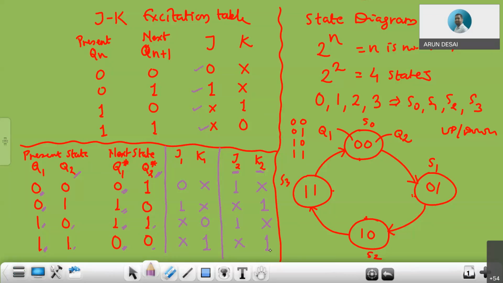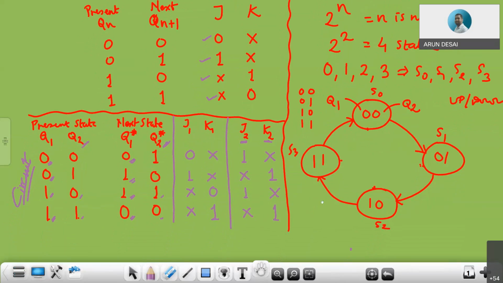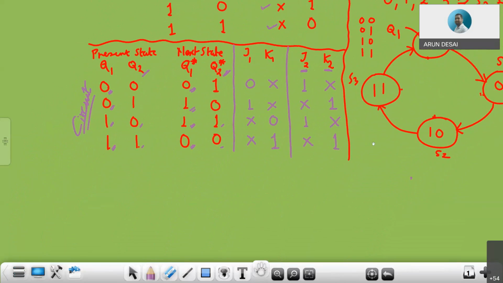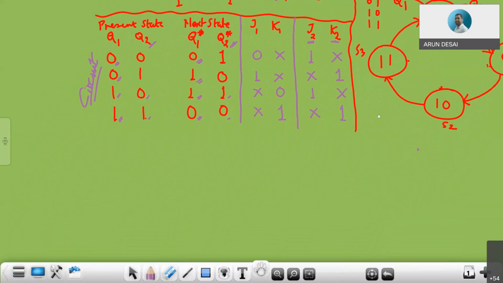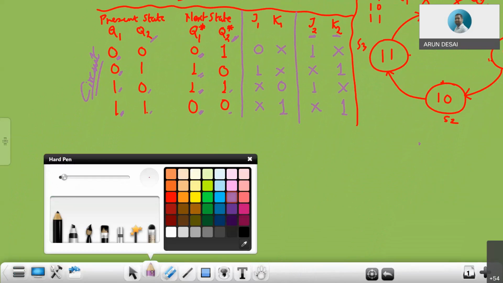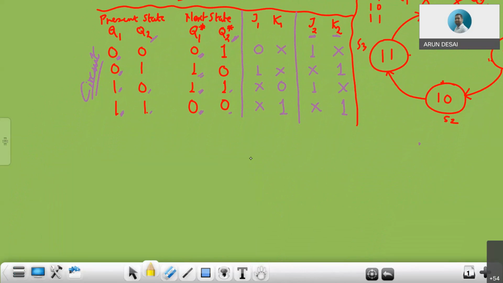excitation table for the circuit, right? This is an excitation table for the circuit. Now when the excitation table is with us, the next step would be to find out the inputs.